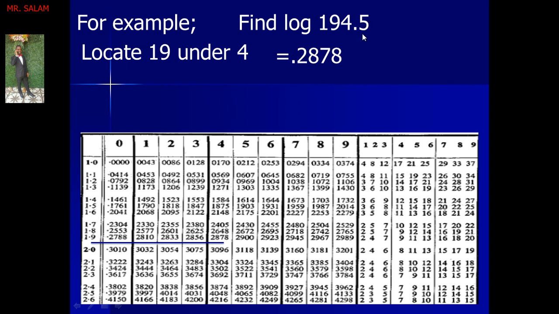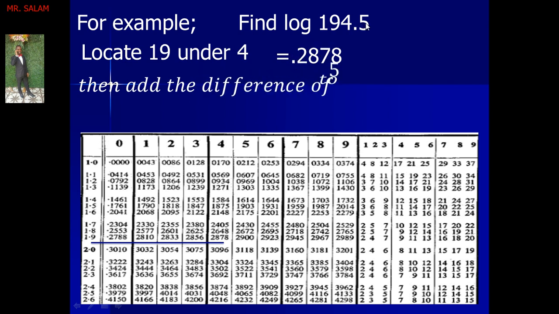Then since I have another digit here, I'm going to find the difference of the next digit, that is, find the difference of 5. After finding the difference of 5, we are going to add it to this number.